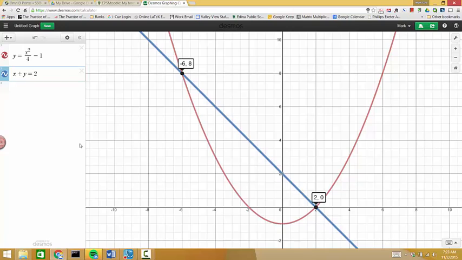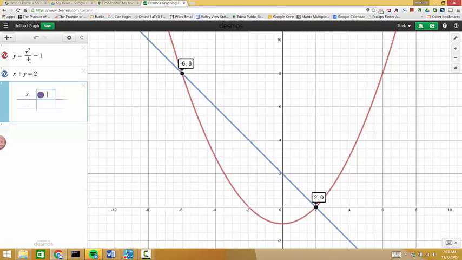Now we can add tables to Desmos as well, and it's not quite as intuitive as it is on your calculator, but you just go to Add a Table, and instead of x1, we're just going to put x here, and instead of y1 over here, I'm going to click here, get rid of this, and put my equations once they're solved for y.